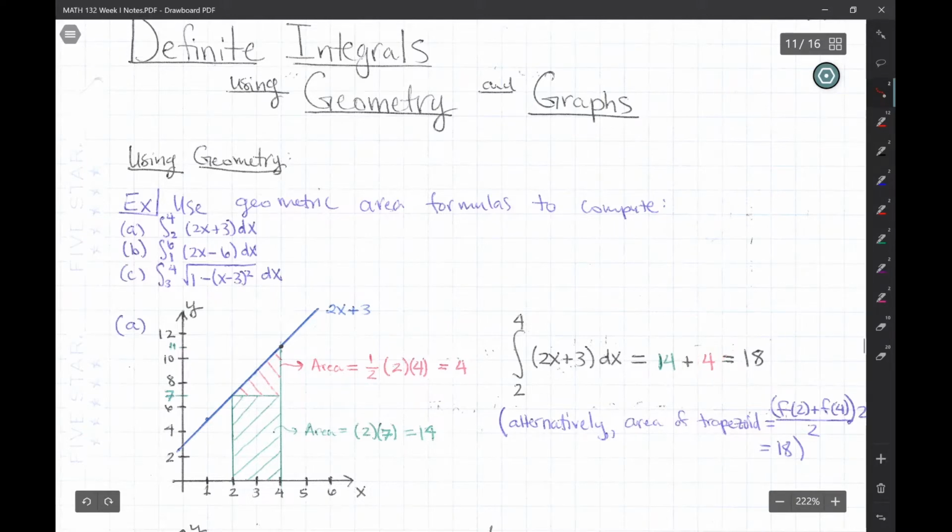Alternatively, we could have also used the trapezoid formula here with the two different bases and gotten 18 as well. Well, what about this guy here? We want the net area of 2x minus 6 from 1 to 6.